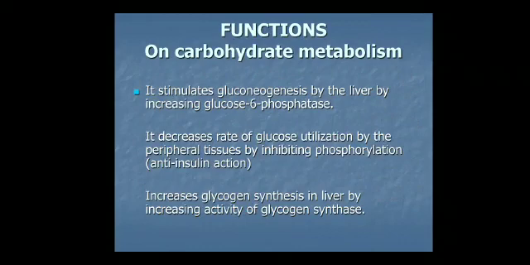First we'll see what it does on carbohydrate metabolism. This hormone is named glucocorticoid, that means it increases the plasma glucose level. So when there is secretion of glucocorticoids, you can see an increased level of glucose in the body. How will it do that?